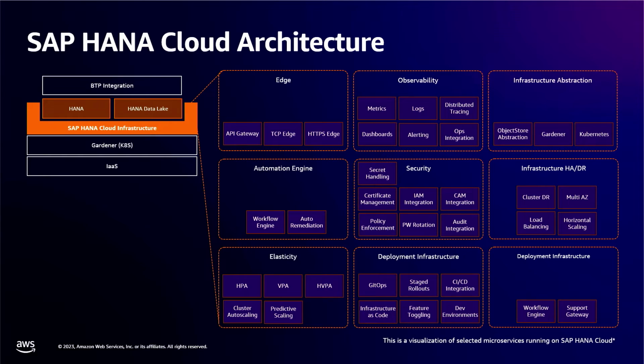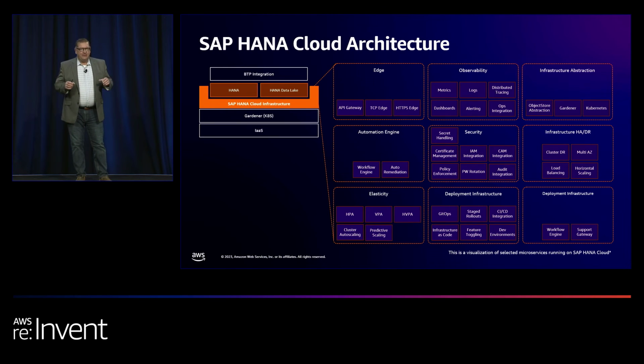Now, this is a very, very high-level view of the SAP HANA Cloud architecture, but I wanted to share it with you to show a couple pieces here. First is around the building blocks that we used when we were moving SAP HANA Cloud and all the components to the AWS Graviton infrastructure, and also the vast variety of the different microservices.